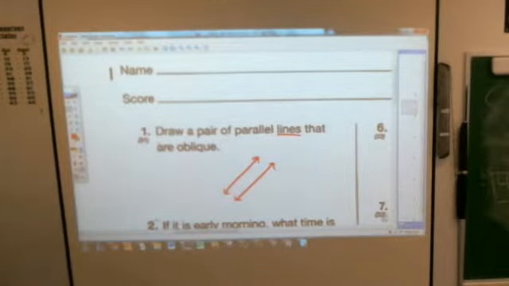Number 14 is $6.20. 15 is 2,730. 16 is $55. 17 is 704. 18 is 72 remainder 3. 19 is 250.